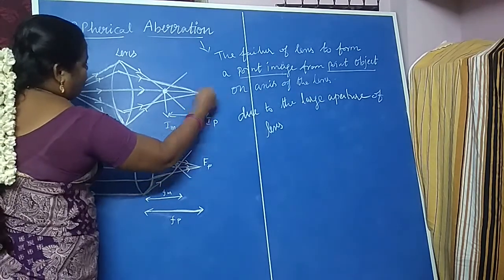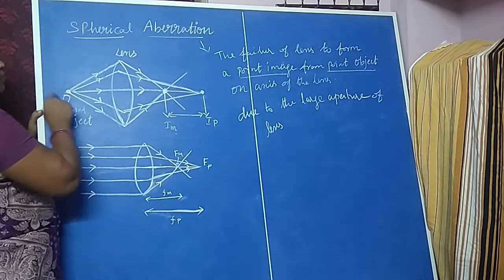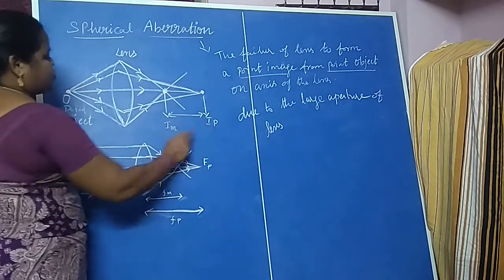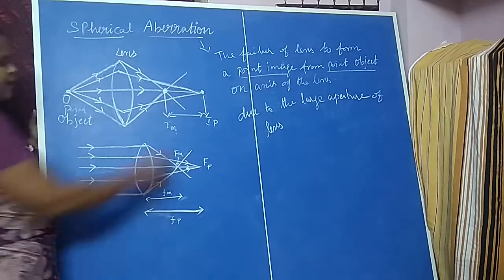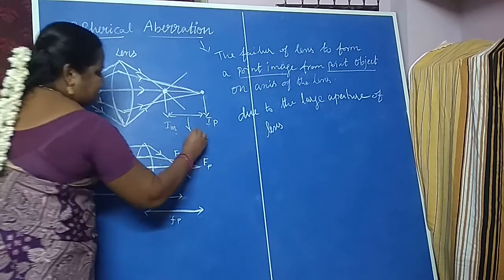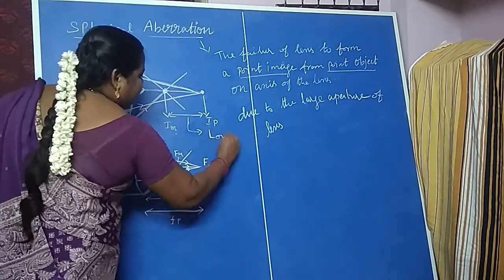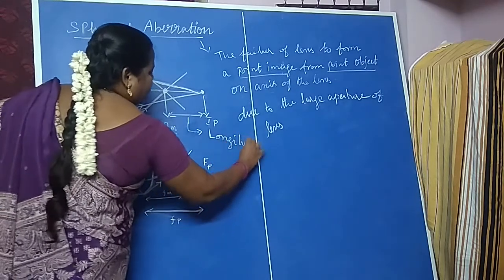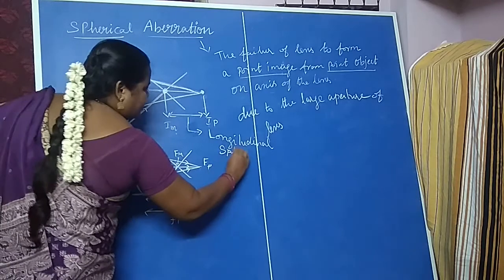So we have a single object, but we get two images due to the marginal ray and the paraxial ray. The distance between these two images is called longitudinal spherical aberration.